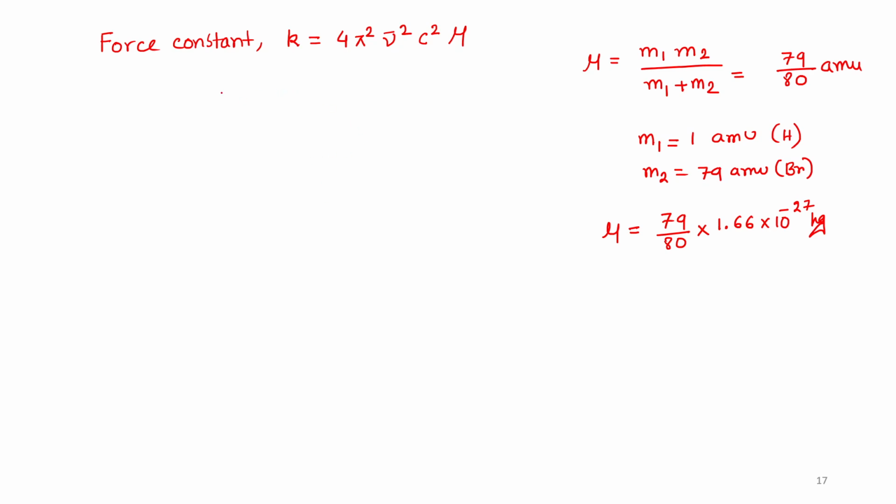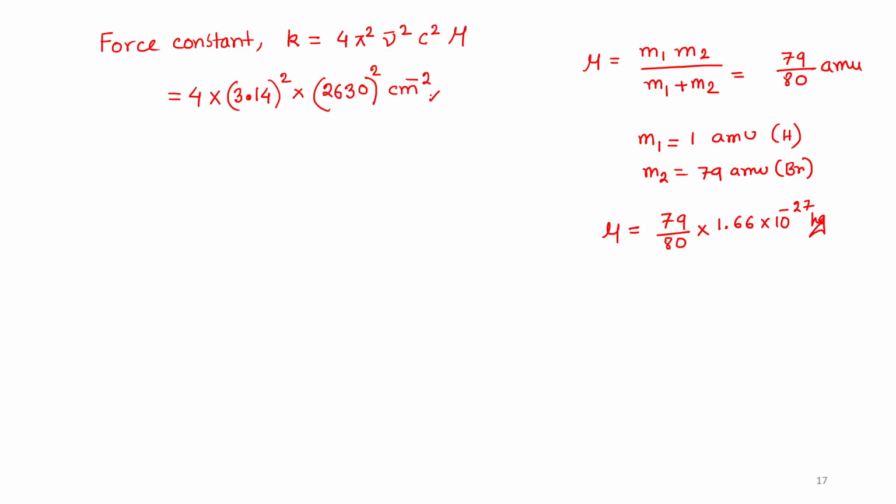So let us put these values here. 4 into pi square, 3.14 square. This is given, 2630. But remember, this is given in centimeter inverse, so the square of that will become centimeter minus 2.